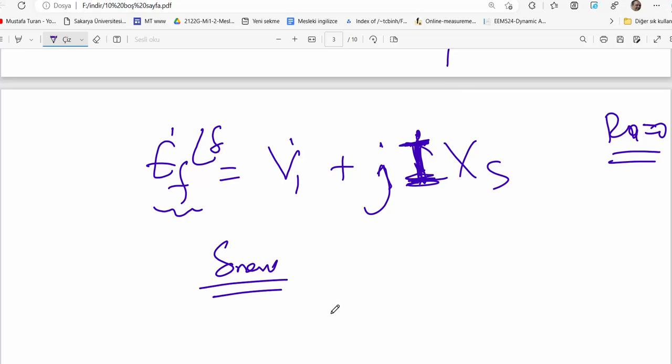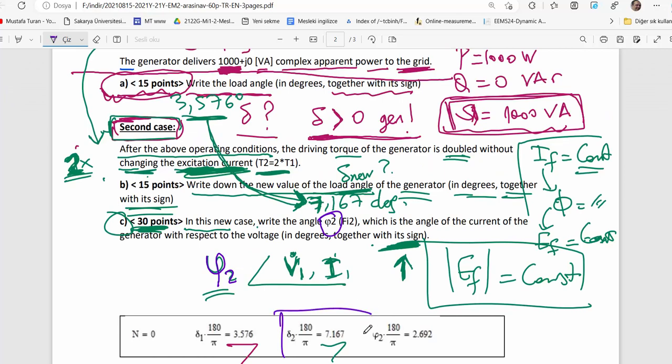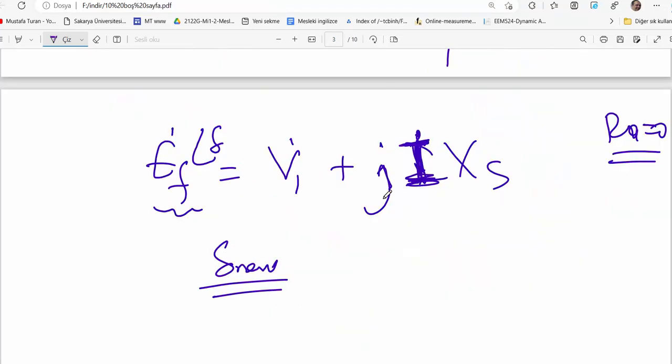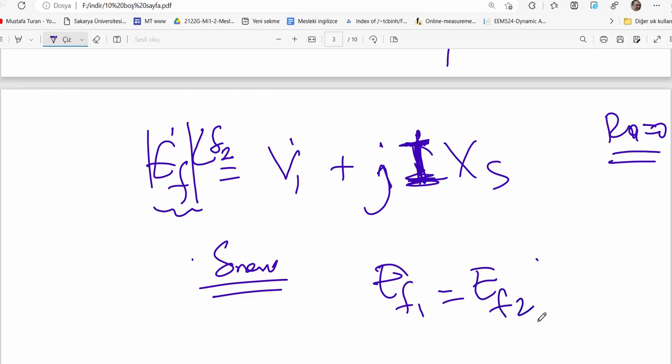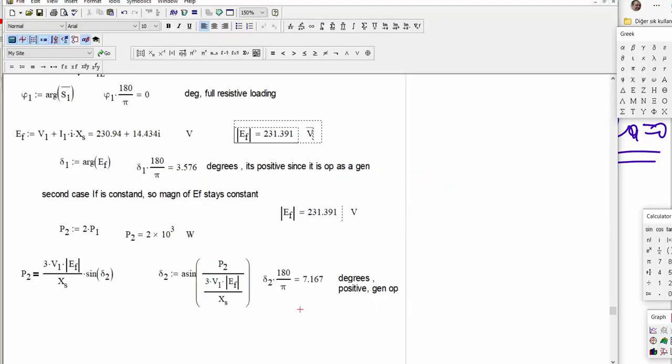We have already calculated it, here, in the second case. So I already know the new case, and I already know the magnitude. Magnitude is equal during all operations. Houston, everything looks clear. Let's go and calculate the current.